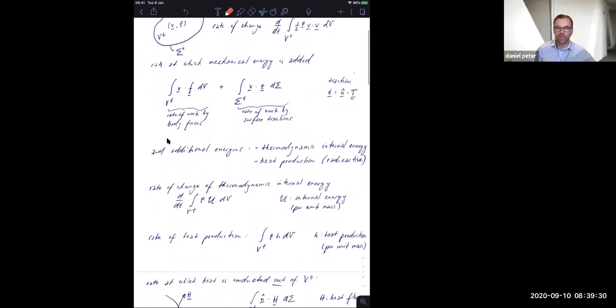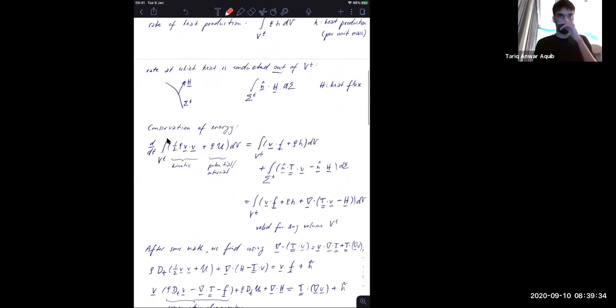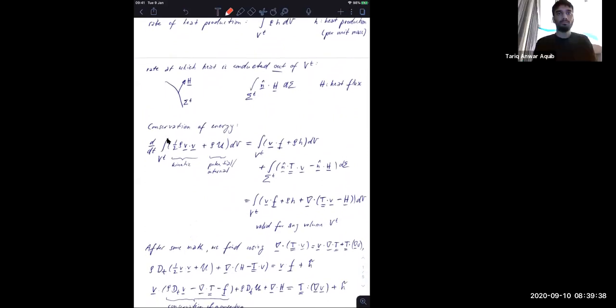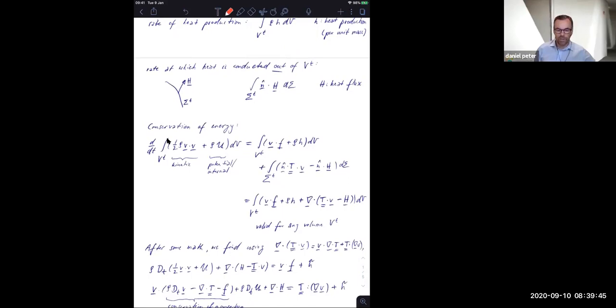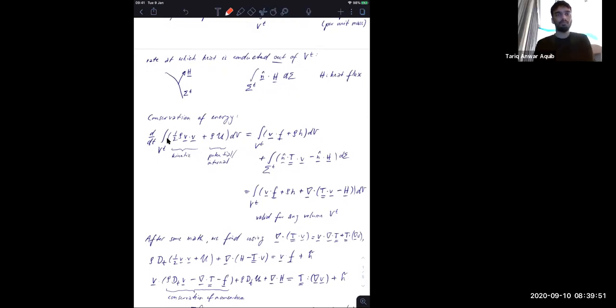And then we put all these energies together into the balance, the conservation of energy, where we looked at the rate of change. So energy changes only by adding mechanical energy, for example, or adding heat production, or through heat flux.